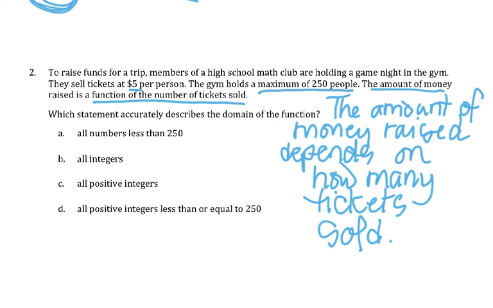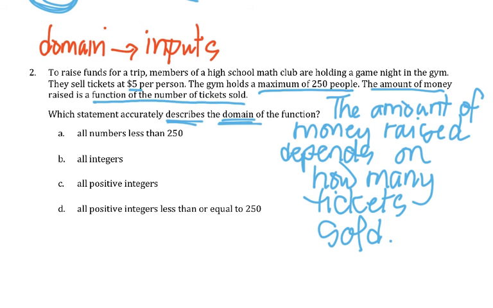All right. So which statement accurately describes the domain? I want you to remember, domain are the inputs. So let's write that down. Domain are the inputs. So take a look here. This time I'm not talking about time. The input is the number of people that could attend this function.